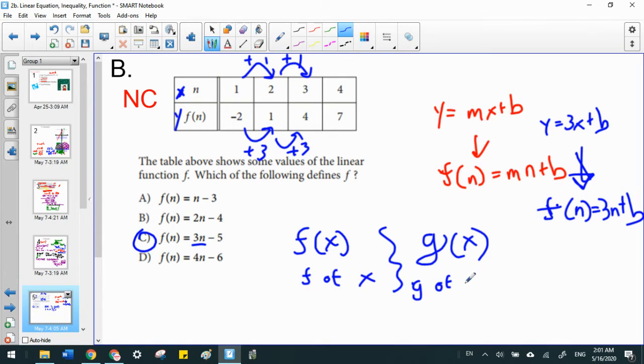So you would read this as g of x and read this as f of x, but you can think of this as formula g, and this as formula f. And they all have the same functions. We're just using different letters to do the problem.